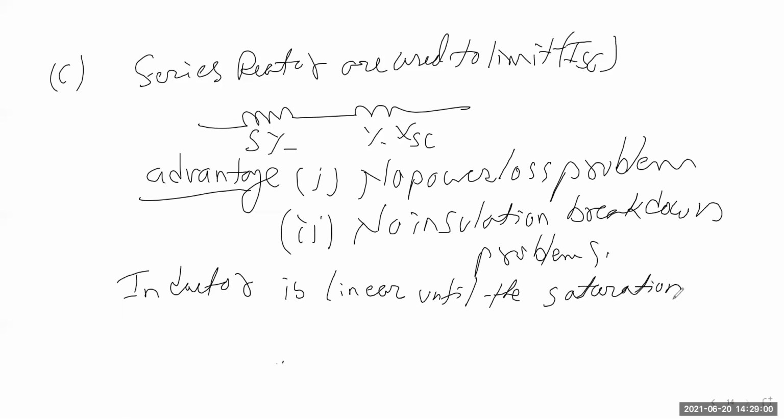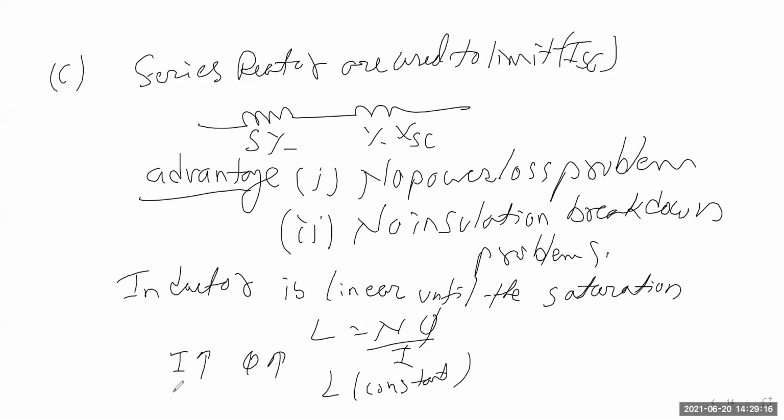We know L equals N phi by I. So if I is increased, phi is increased, and L would be constant. When I is decreased, phi is decreased, again L is constant.